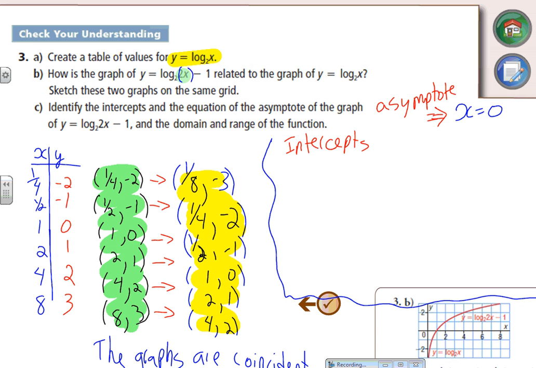Your intercepts now. There can't be a y-intercept because that's an asymptote, but we do have an x-intercept, and you can see it right there at x equals 1. Domain. Your domain is anything greater than your asymptote line, which is 0. So you've got x greater than 0, and your range, hey, it could be anything. It's y in R.